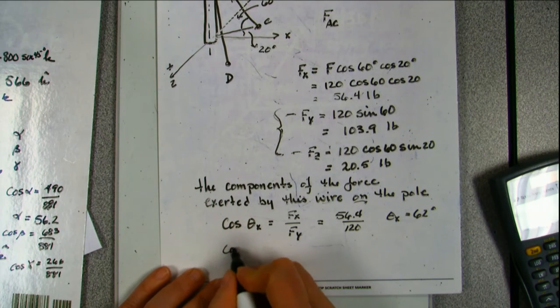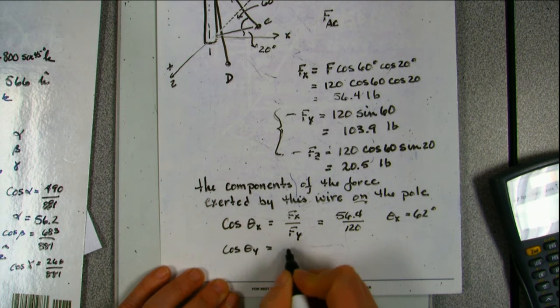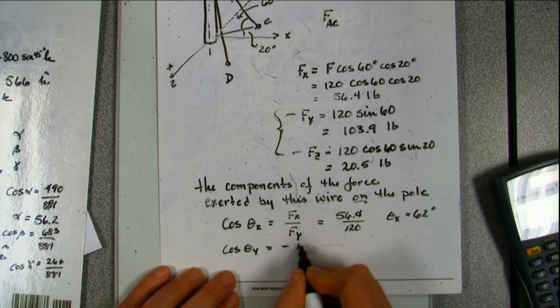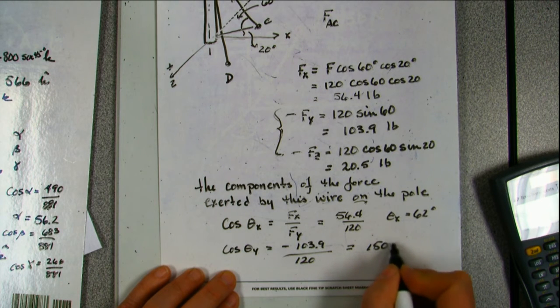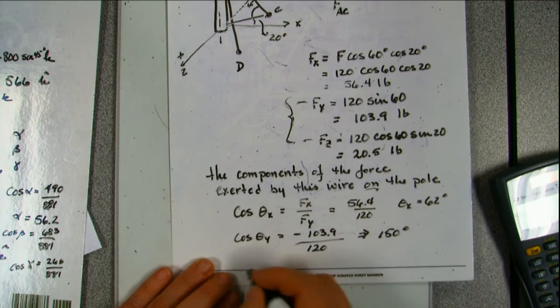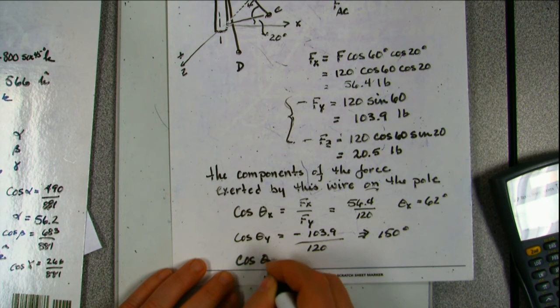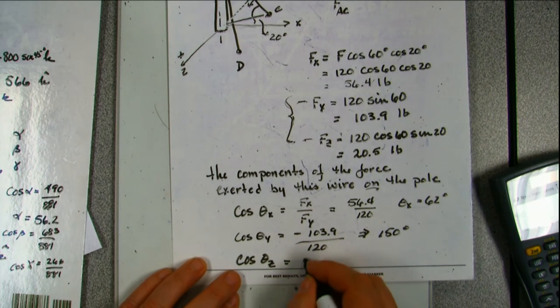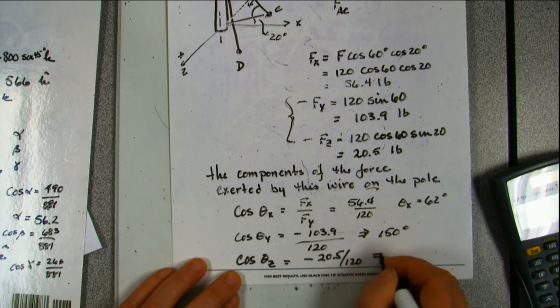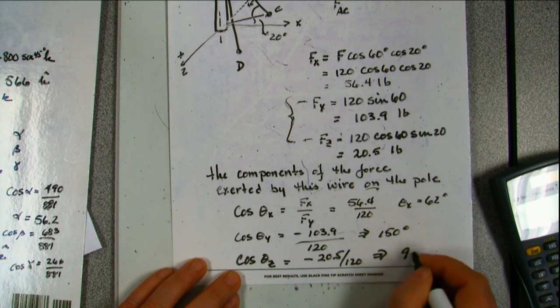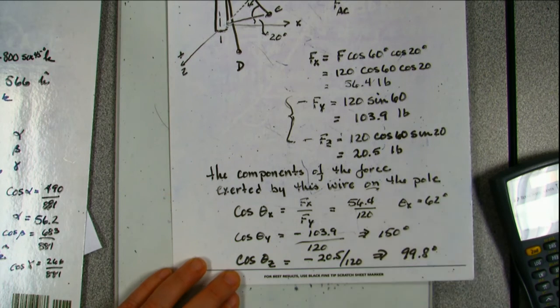When I do the cosine of theta y, you want to make that negative, so that's negative 103.9 over 120, and that gives me 150 degrees. And then cosine of theta z is negative 20.5 divided by 120, which gives me 99.8 degrees.